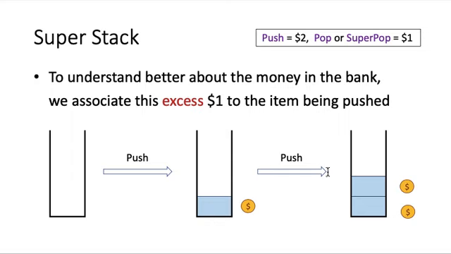When the next item is also pushed here, $1 is spent on pushing the item, and then we have an excess of $1 associated with this item. What does that mean? It means that inside this stack, if ever there is an item, there will be an associated excess of $1 here.